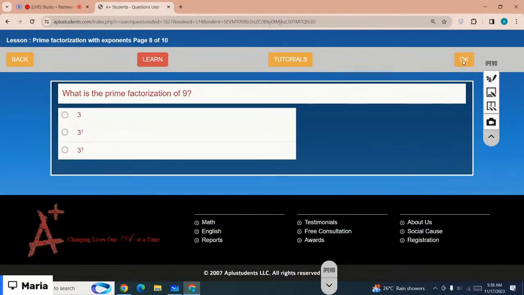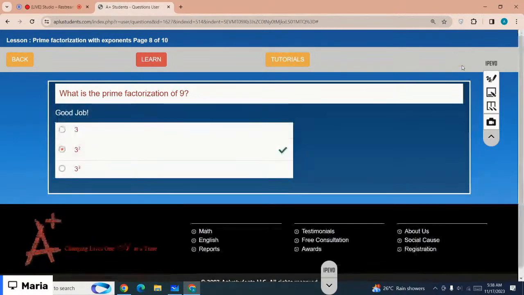What is the prime factorization of 9? Yes, the correct option is 3 square. Option number 2 is the correct option.